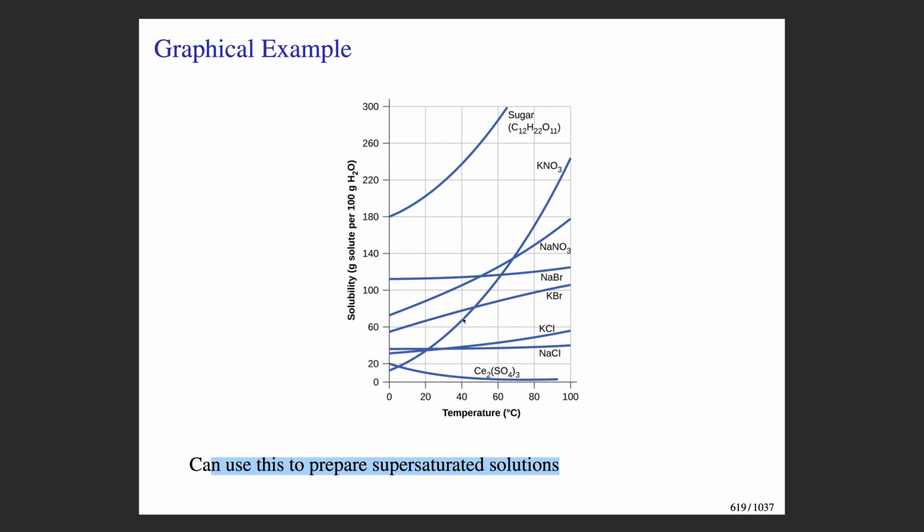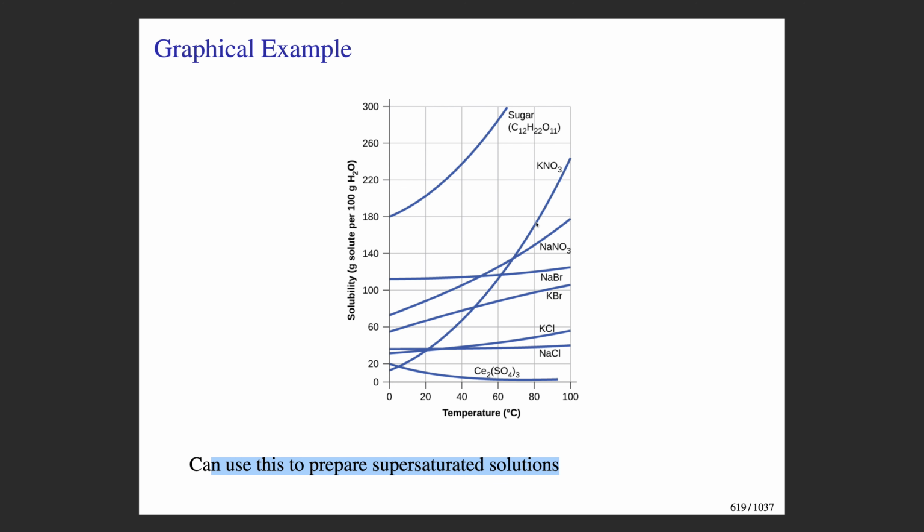We'll call it 70 grams per 100 grams of water. If you want to go beyond this solubility at 40 degrees, you'll heat up the water to, say, 80 degrees, and then dissolve as much potassium nitrate as you can.